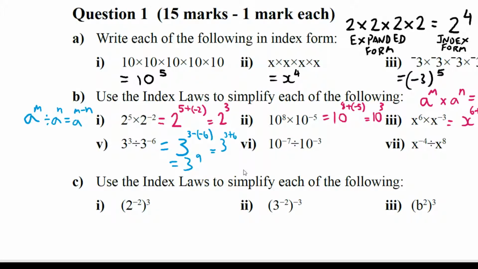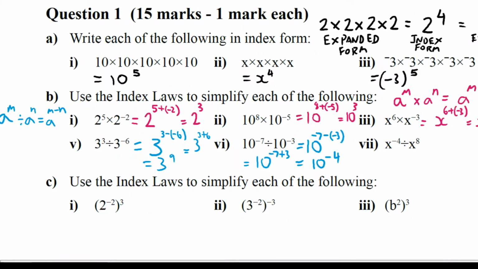Okay, and next one. 10 to the negative 7 divided by 10 to the power of negative 3 is 10 to the power of negative 7 take negative 3, which is 10 to the power of negative 7 plus 3, which gives us, so we've got negative 6, negative 5, negative 4. 10 to the power of negative 4. Okay.